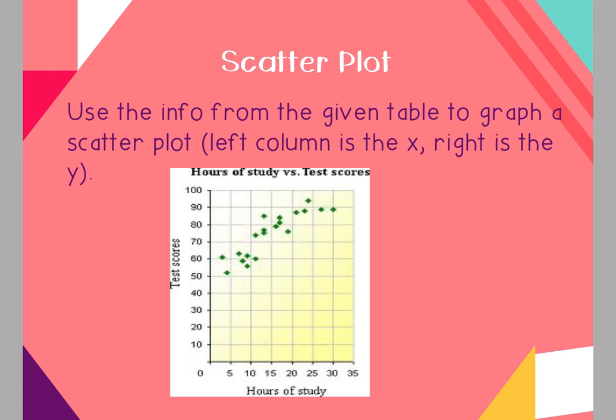So if this was from an actual table, the x values are going to come from the left side of the column. So these would have been the hours of study. And the right side is the y, which would be, in this case, the test scores. You will see these charts vertical and you will see these charts horizontal.